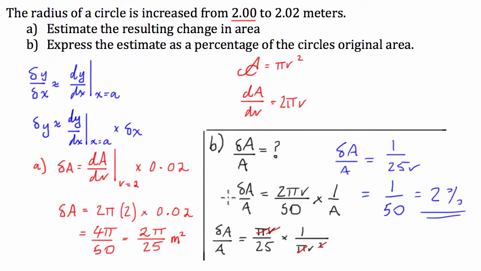Cool. So basically, guys, with these sorts of questions, we have to be well acquainted with this approximation formula. We have to understand that for small changes in the independent variable, it's called linearization. We can linearize the function to approximate small changes in the dependent variable.